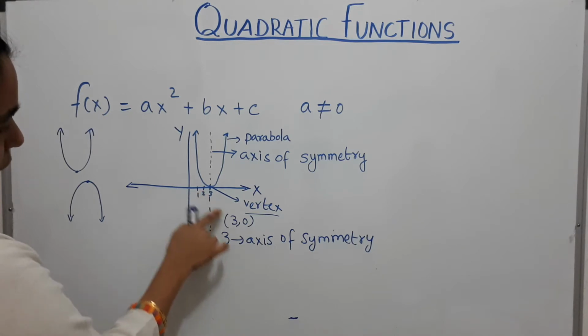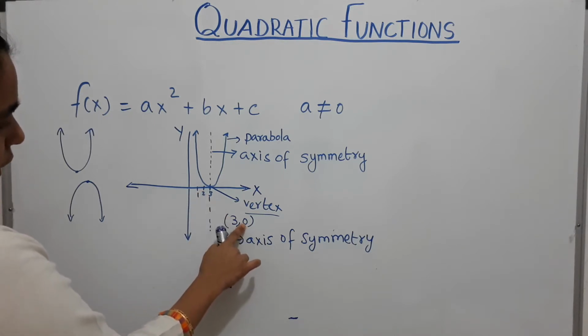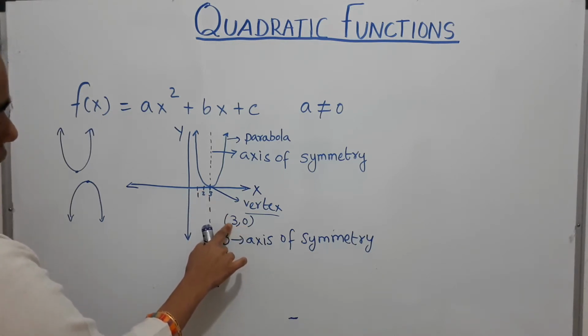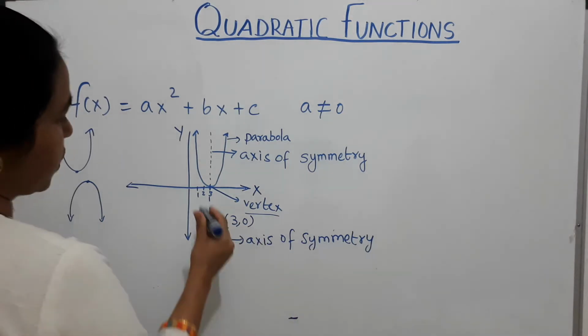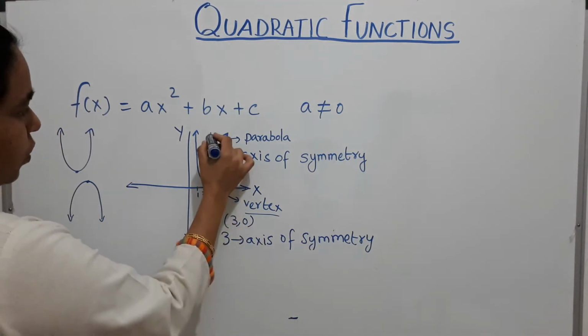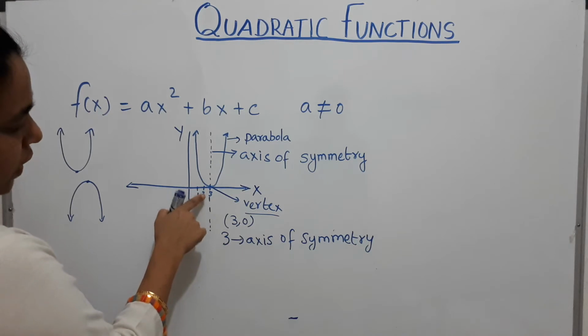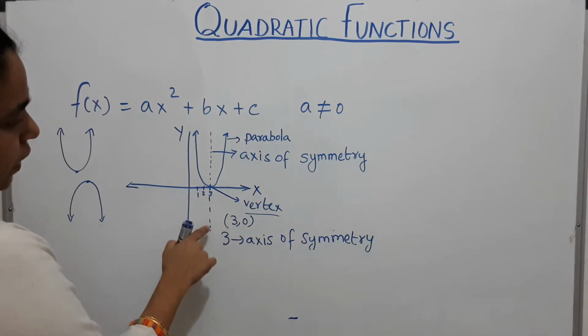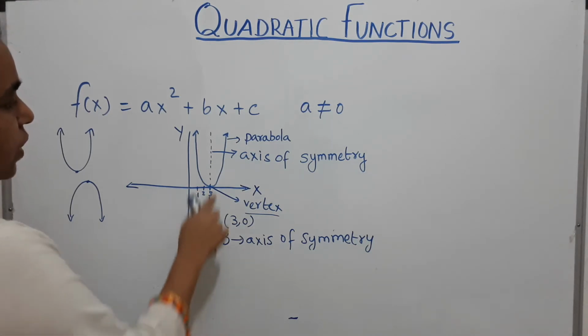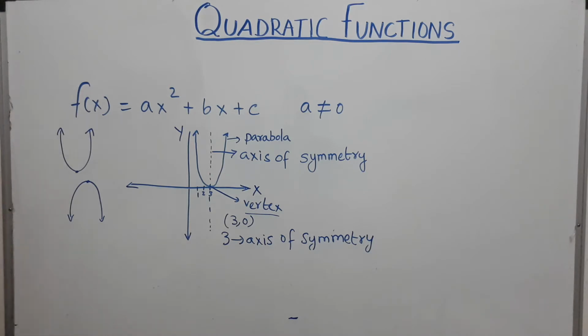So 3 is the x value and 0 is the y value, and the x value of the turning point is the axis of symmetry. The shape of the quadratic function graph will be a parabola.